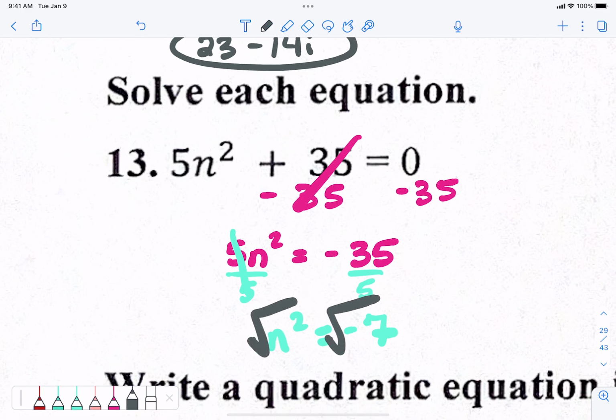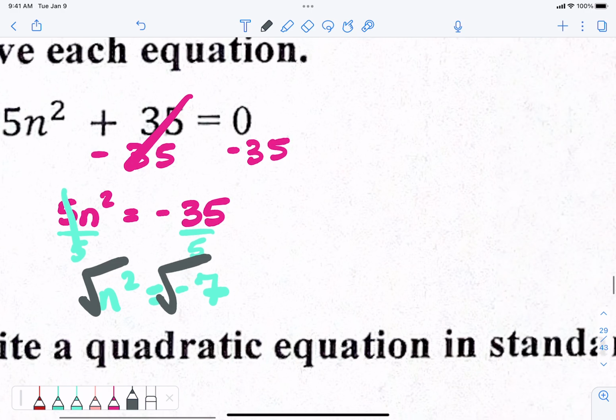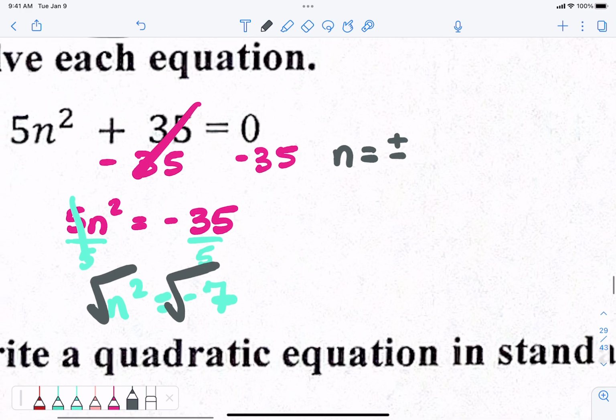Okay, let's talk about the square root of negative 7 for just a second. First of all, we put the square root in there, so we have to have plus and minus, right? The square root wasn't already existing, so it's going to be positive and negative. But the square root of negative 7, this negative can come out and make it square root of 7 times i. But what's the square root of 7?